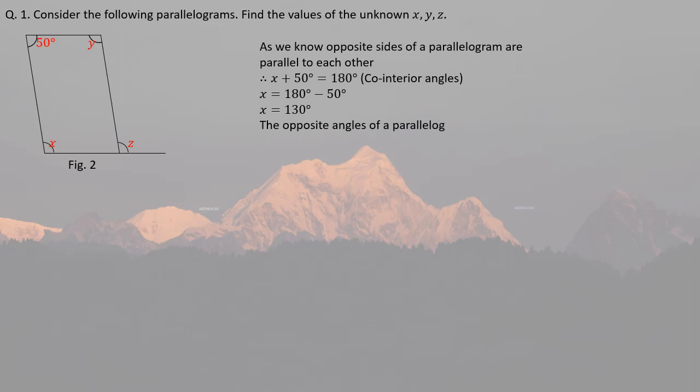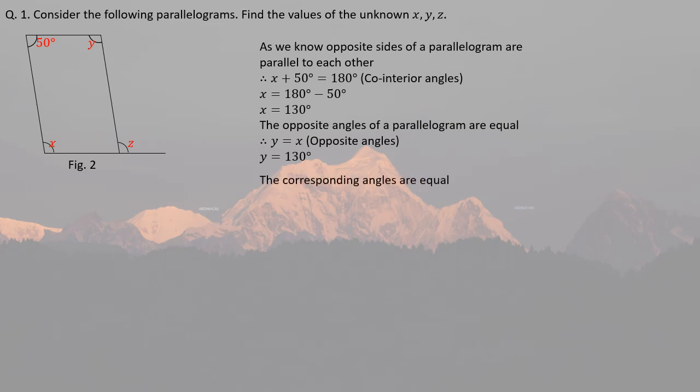The opposite angles of a parallelogram are equal to one another, meaning x and y are opposite angles, they should be equal. So y equals x, therefore the value of y should be 130 degrees because x is also 130 degrees.